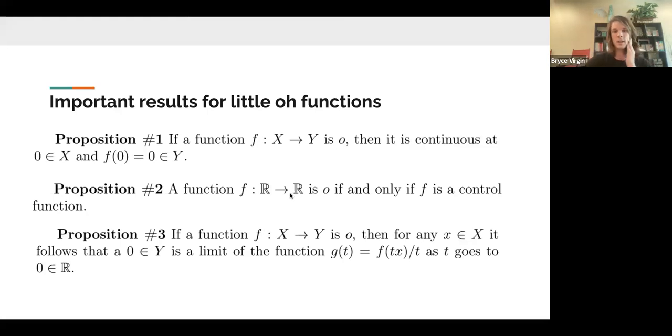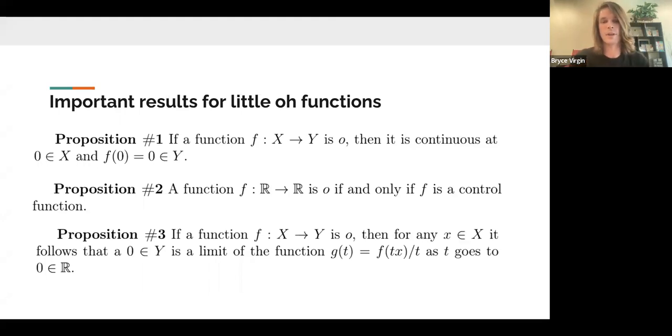A function from the real numbers to the real numbers is little o if and only if it is a control function, which, if we recall from the definition, meant that it was differentiable at the origin, sent 0 to 0, and had a vanishing slope at 0.